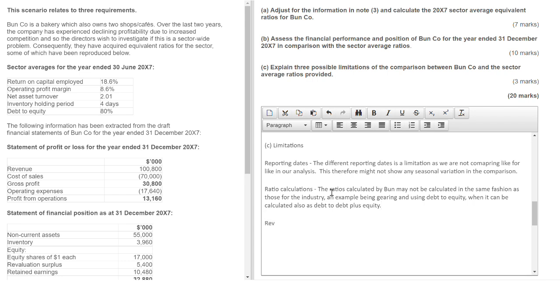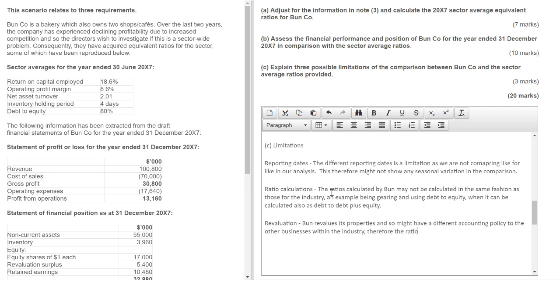The other one that I thought was quite good to get is the fact that you've got a revaluation, isn't there? So Bun revalues its properties and so might have a different accounting policy to the other businesses within the industry. So what?